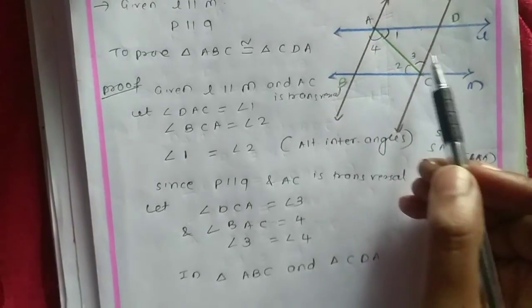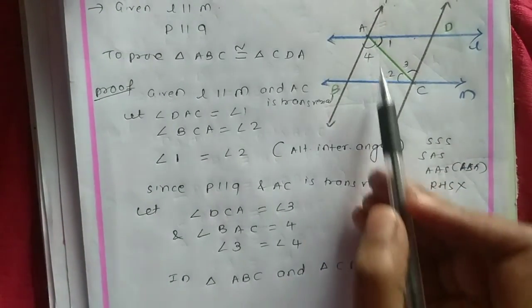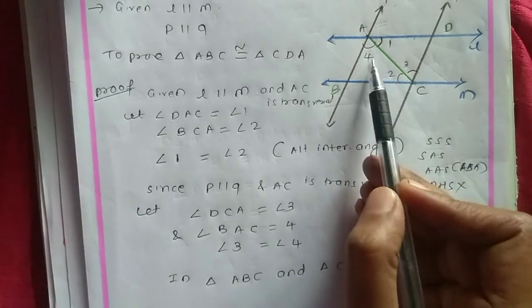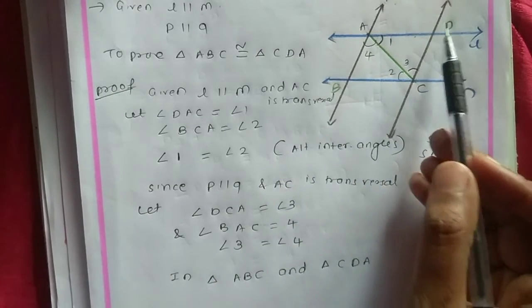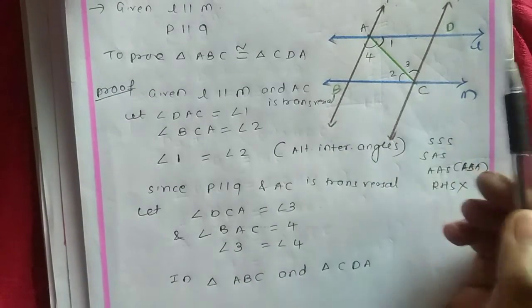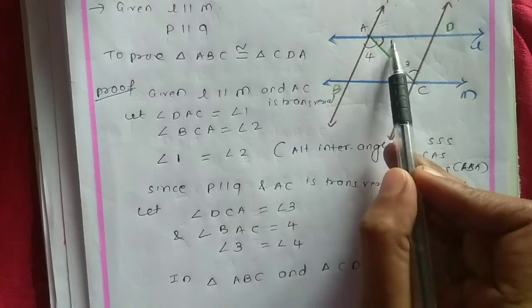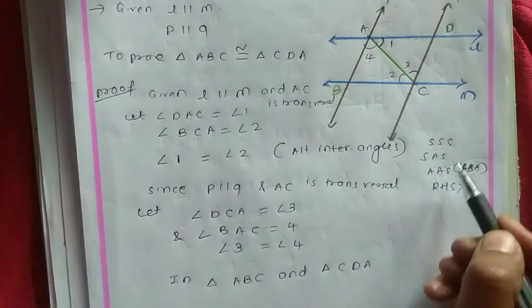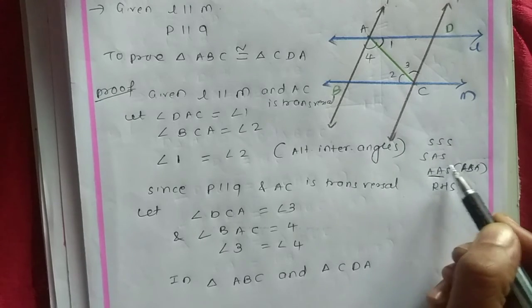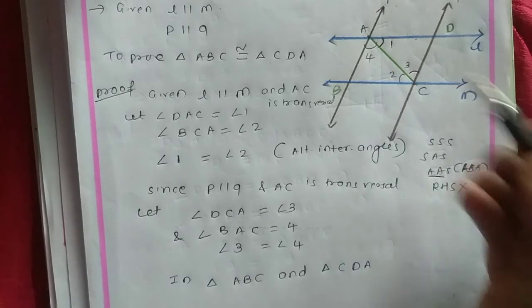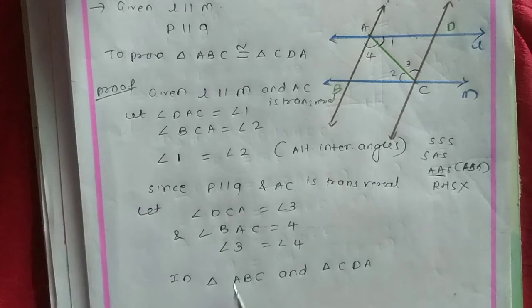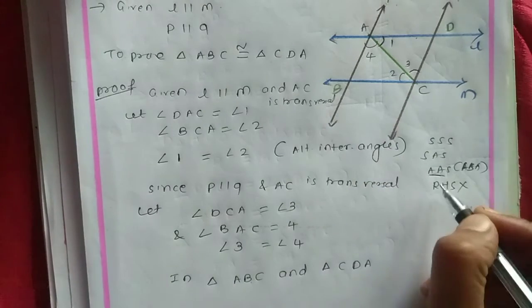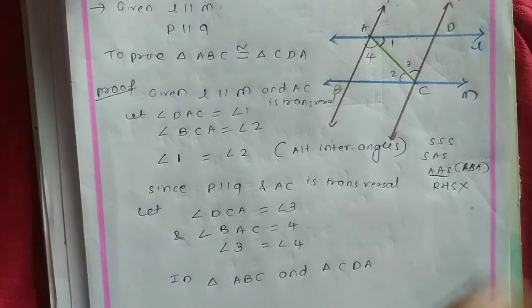Now we can see in triangle ABC and triangle CDA that 3 and 4 are equal, 1 and 2 are equal. So two angles are equal, which means try to find out the equal side. And obviously AC, here also AC and here also AC we have. So this is a common side. So we can prove this by AAS criterion.